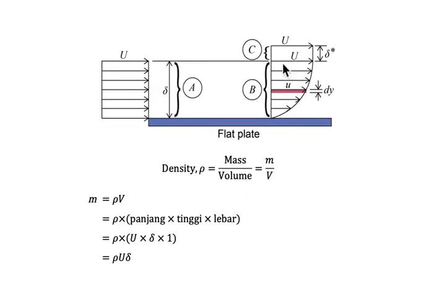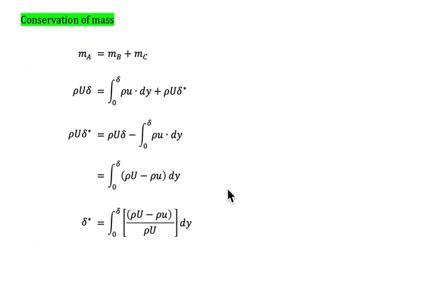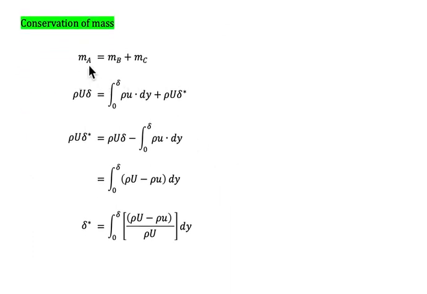According to this diagram, the total mass from area A must be equal to the total mass of B and C. So we could write an equation: mass A is equal to mass B plus mass C. Mass for A and mass for C are easy to calculate because the area is rectangular.